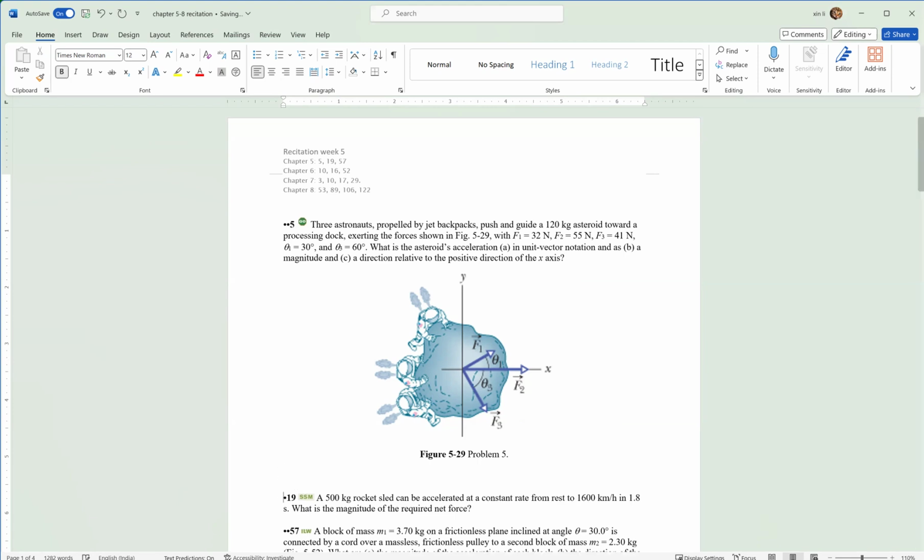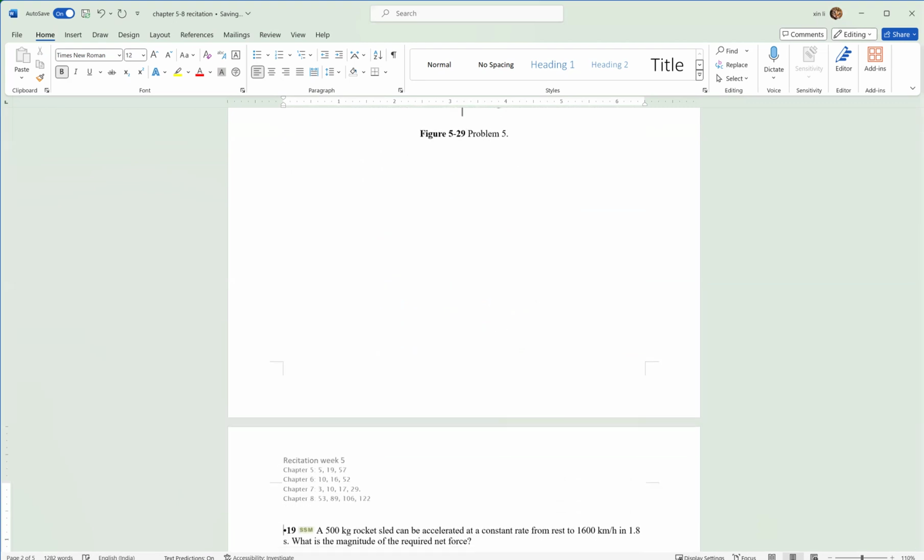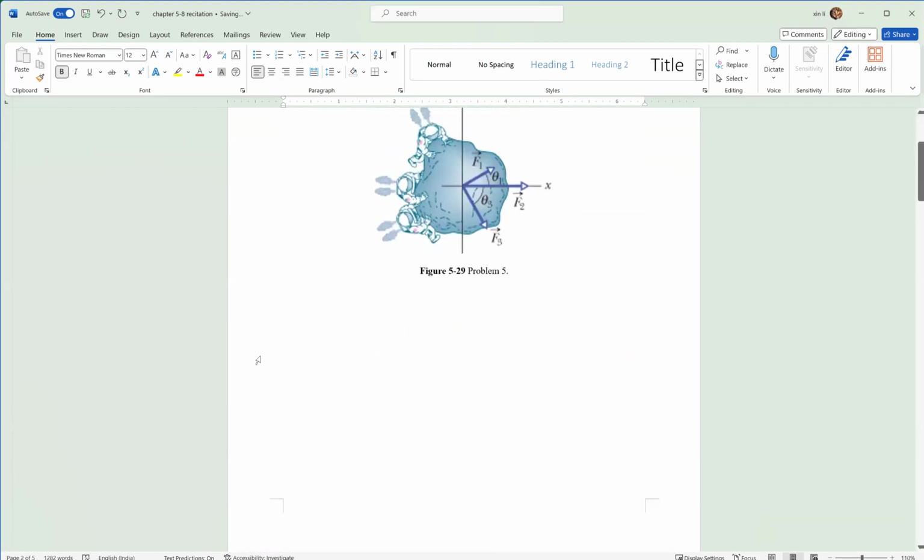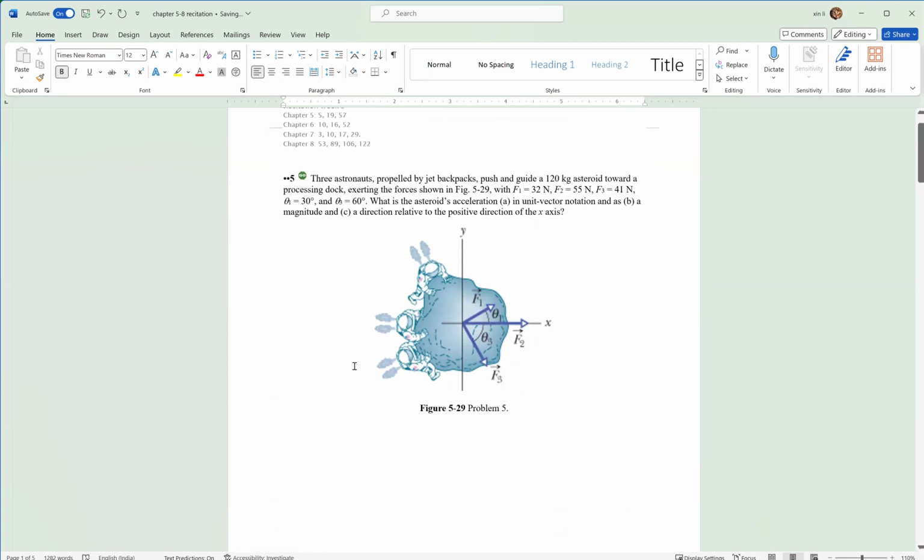So how to do this problem? In order to do this kind of problem, you need to find the xy components of the forces.